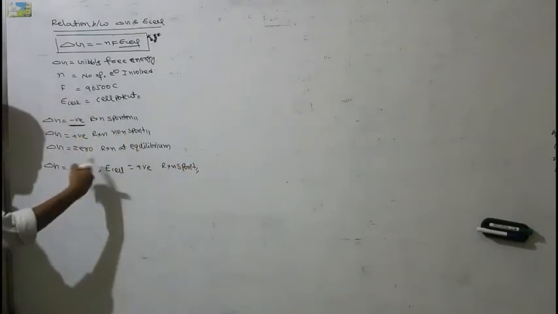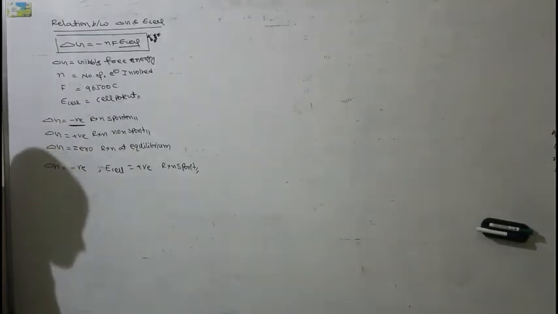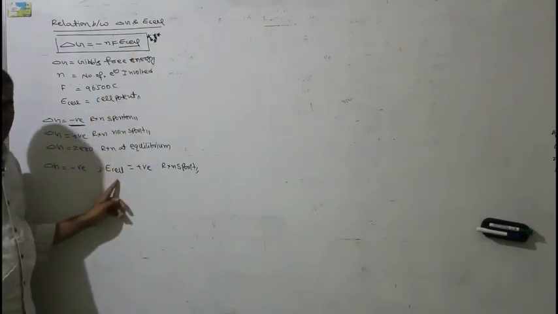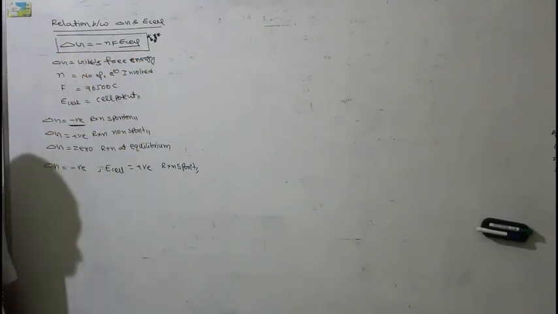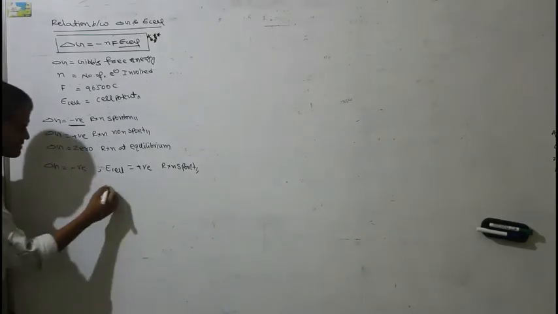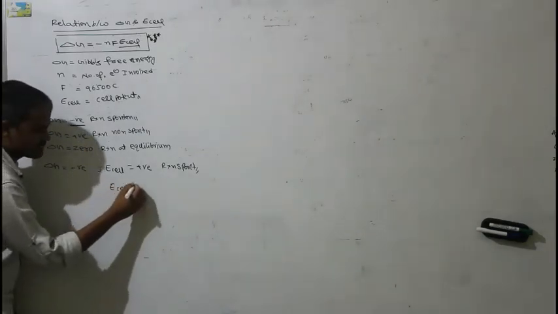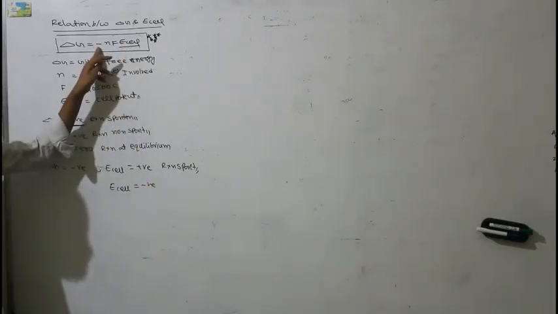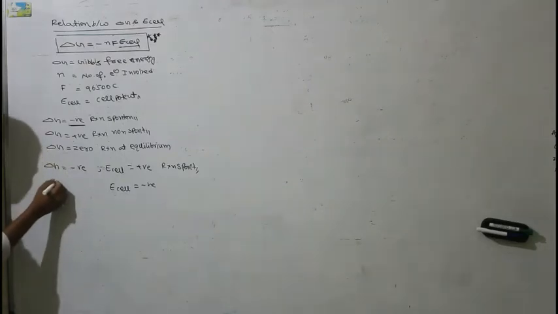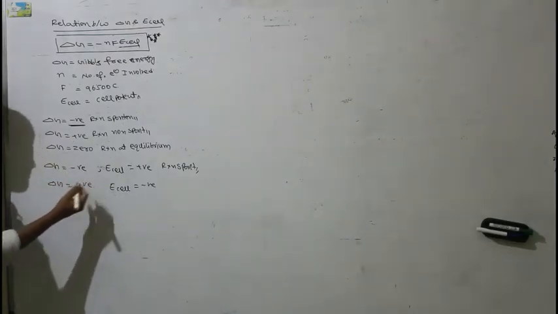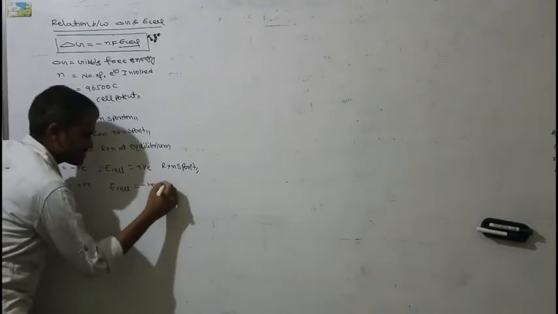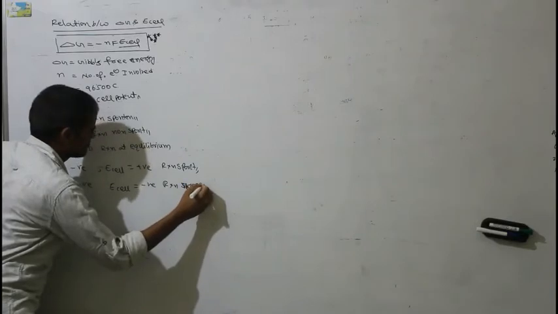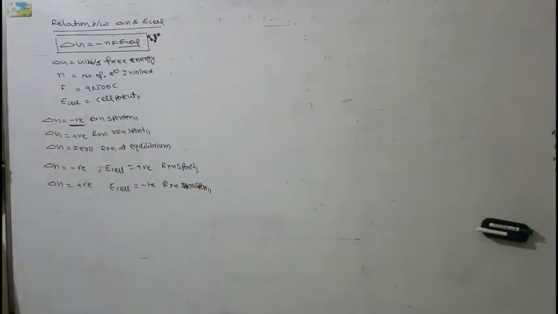Already given above, but again I am explaining with respect to E cell. For del G to become negative, E cell must be positive. Then only the del G value will be negative. If by chance E cell becomes negative, negative of negative becomes positive, so del G will be positive, and the reaction is non-spontaneous.